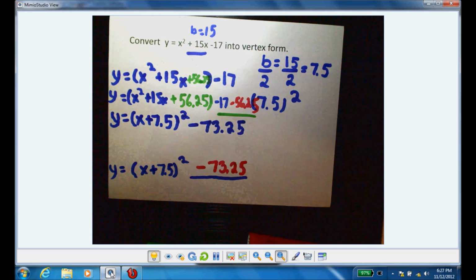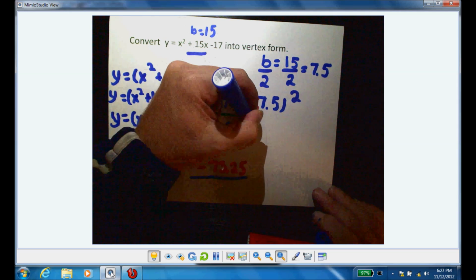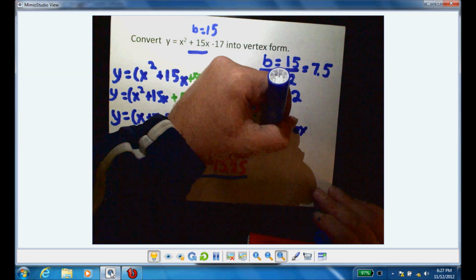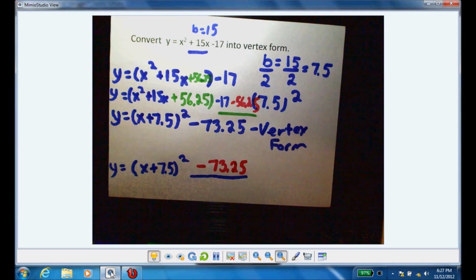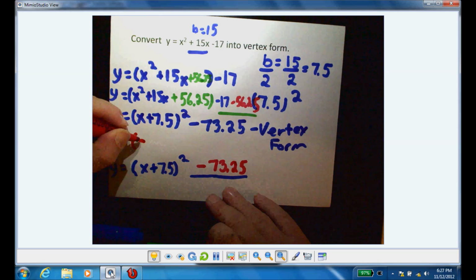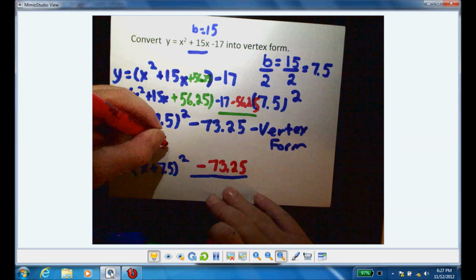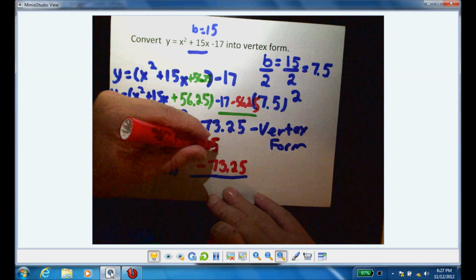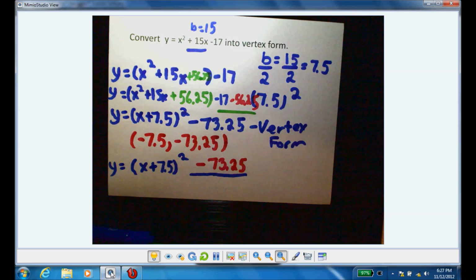Okay, that is my vertex form. And my vertex actually is negative 7.5 comma negative 73.25. That's the vertex of the equation.